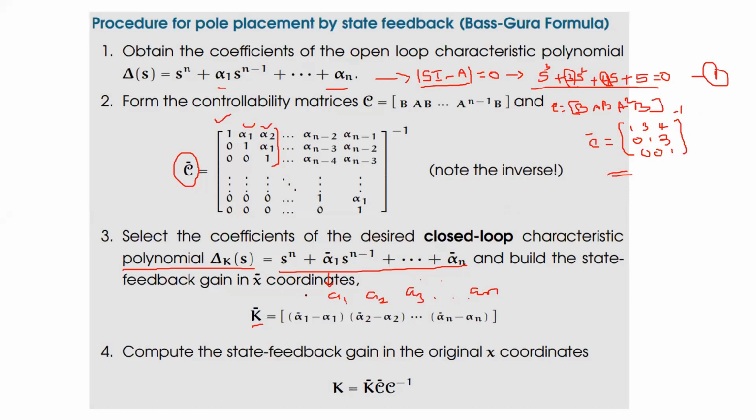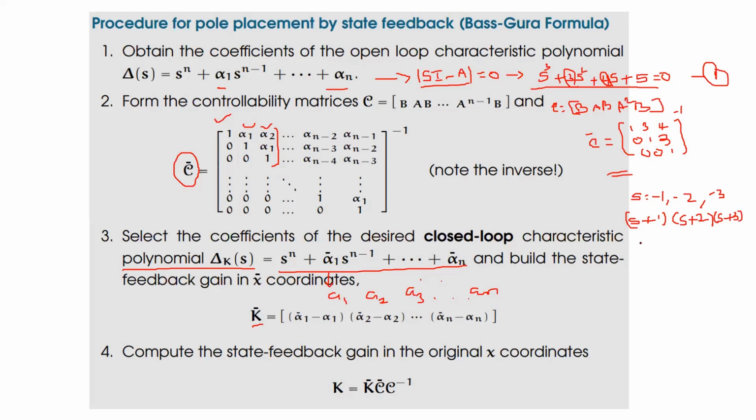Now, what is the closed loop polynomial? This closed loop polynomial we can obtain from the given poles. Let there be 3 poles given: minus 1, minus 2, minus 3. I can write this as s plus 1, that is one pole, multiplied with the second pole, s plus 2, and the third pole, s plus 3.